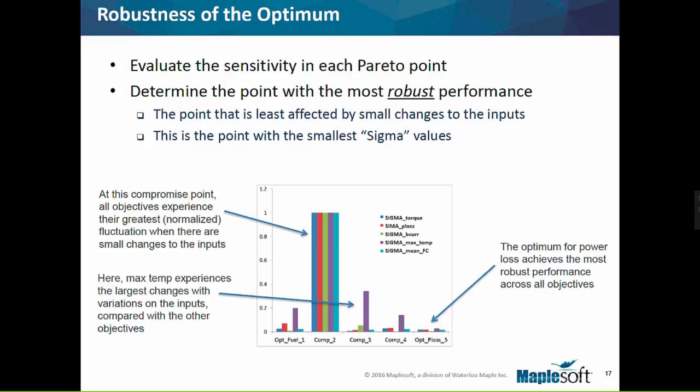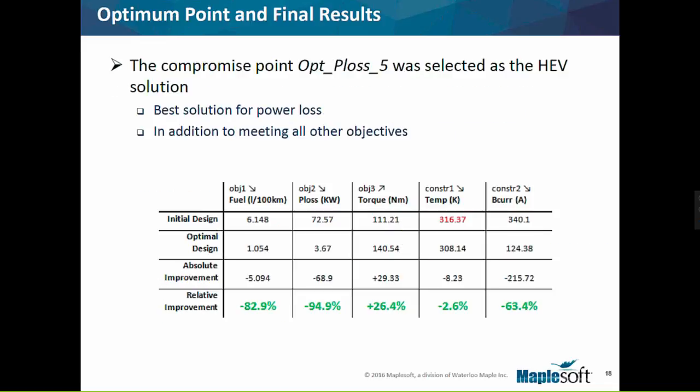Using the Optimus platform, we calculated the sigma values for each point, which show how much the response is affected, and found the point with the smallest sigma values, which happens to be the point that was optimized for power loss. As a result, we have a compromise point, the power loss point number 5, which was selected as the HEV solution.